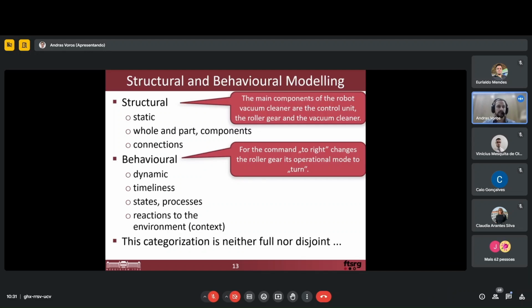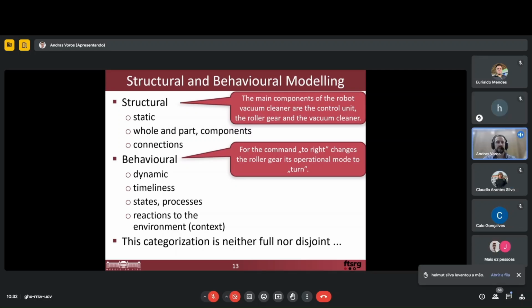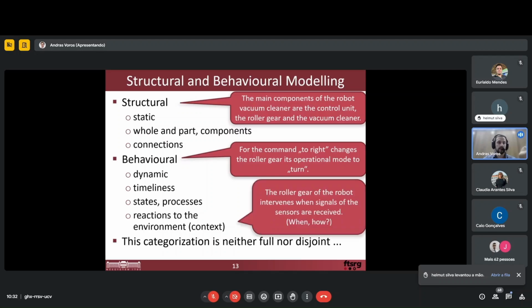In behavioral models, for example, we use commands, and that will change some operation mode of the vacuum cleaner. Behavioral models are dynamic. We have some kind of timeliness, states, processes, and behavioral models react somehow to the environment.